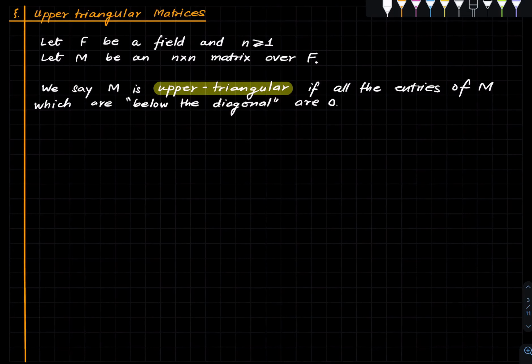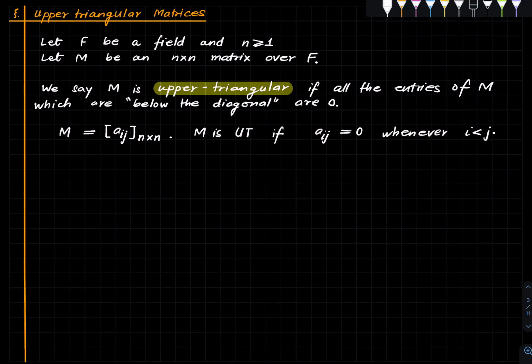So I will explain that. Say M is equal to this matrix (a_ij). It's an n cross n matrix, and the ijth entry is a_ij. So then M is upper triangular if a_ij is 0 whenever i is greater than j.